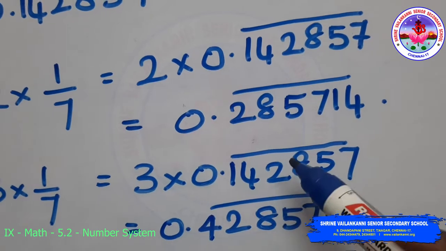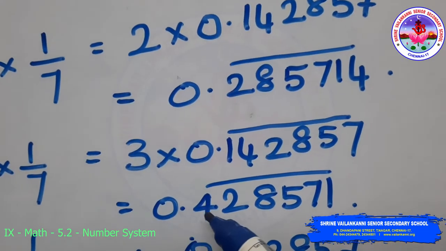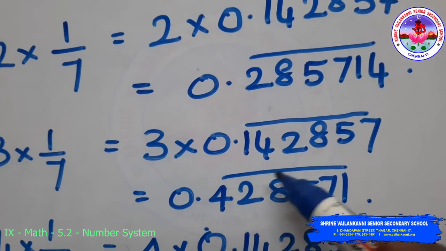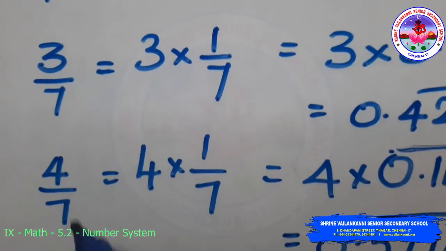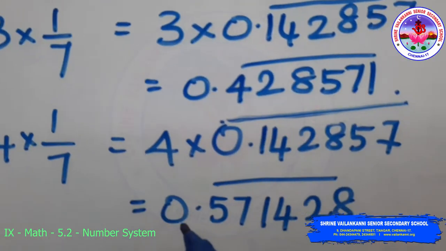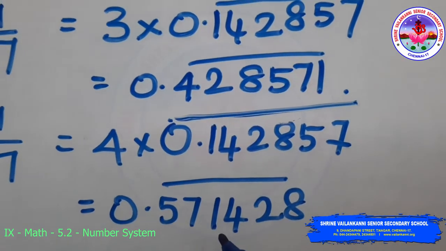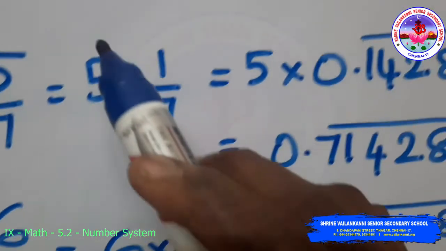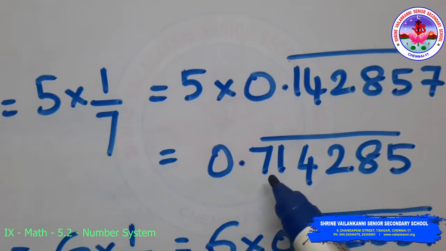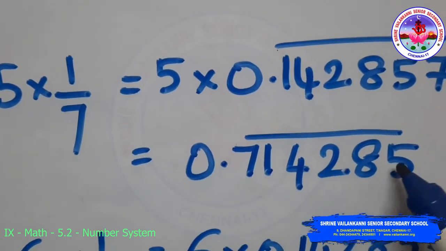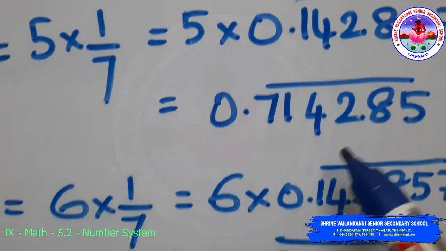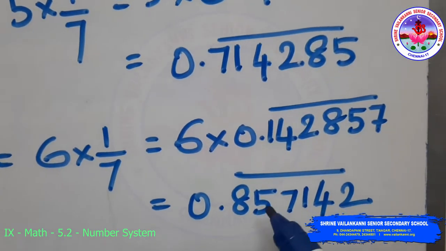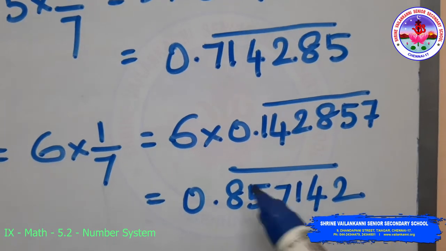Multiplying 3 with the digits, you will get 0.428571 bar. Similarly, 4 by 7, I will get 0.571428 bar. 5 by 7 as 0.714285 bar. 6 by 7 as 0.857142 bar.